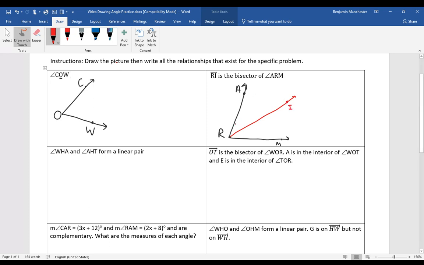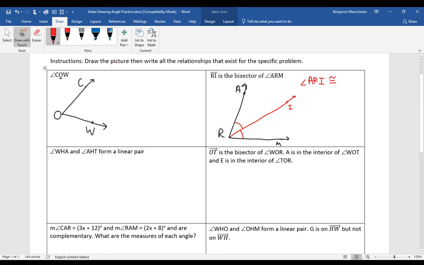A bisector means it makes this measure the exact same as that measure. So these angle measures are equal, which means that angle ARI is congruent to angle IRM. The angles are congruent.